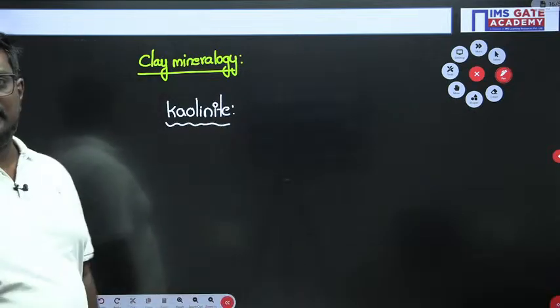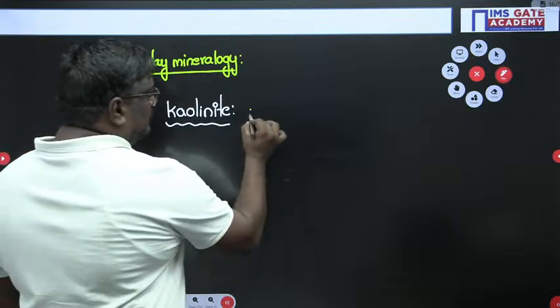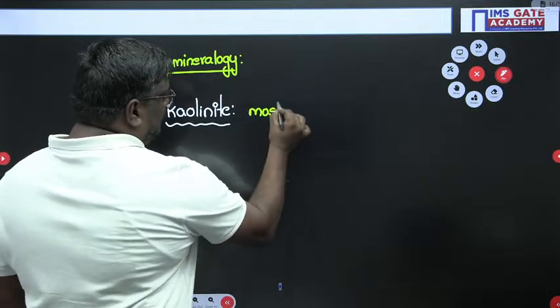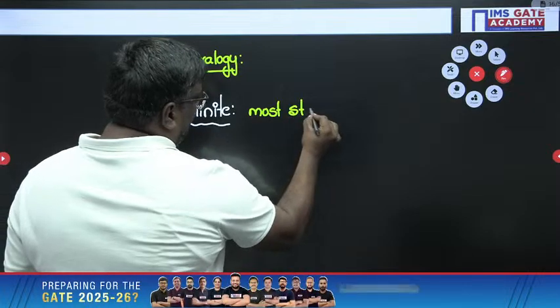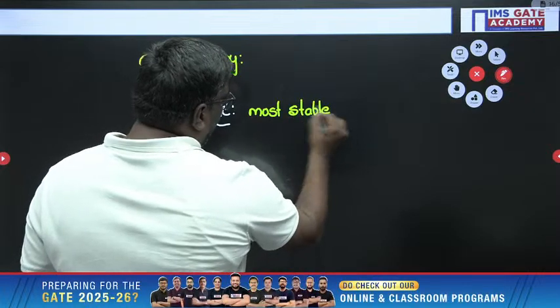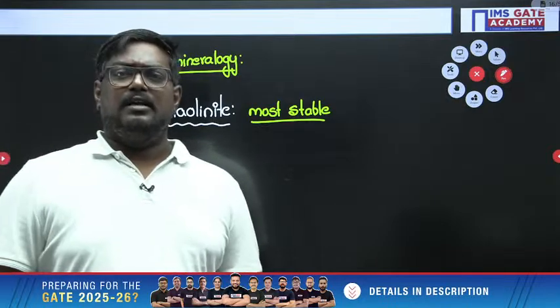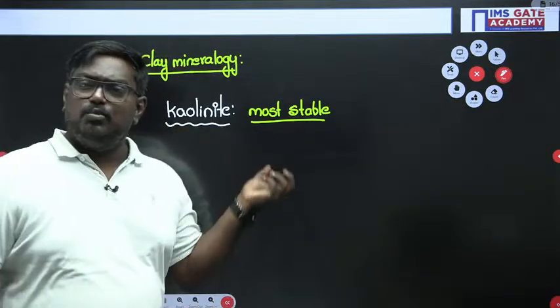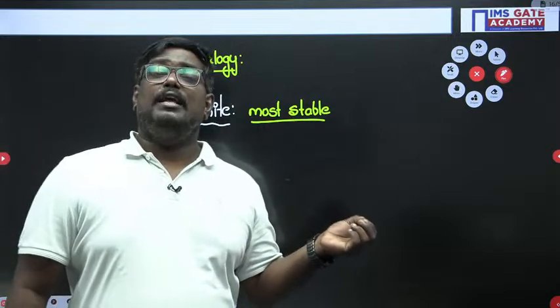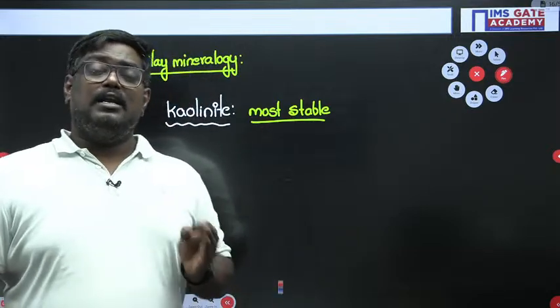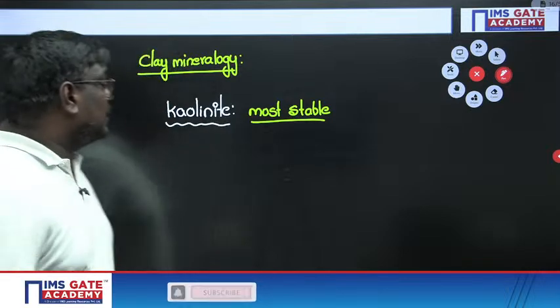Remember, my dear students, in a Ganapati idol you will have this kaolinite because it contains China clay. When do you say that a clay mineral is most stable? If it has no swelling and shrinkage. The most stable clay mineral is kaolinite.